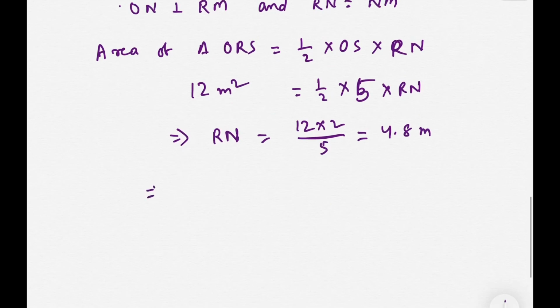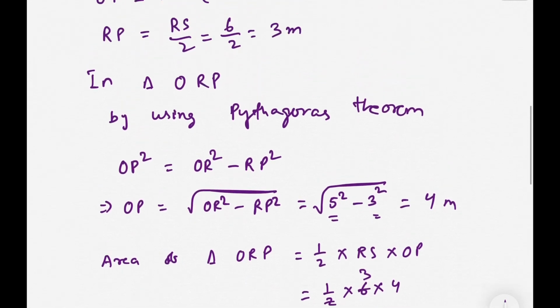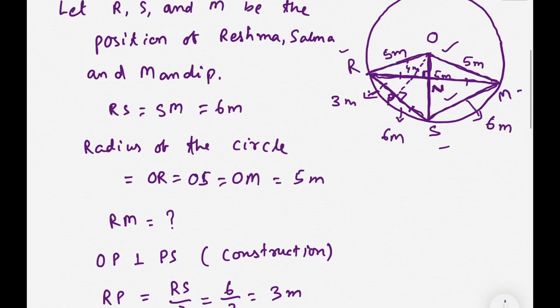That means RM will be equal to 2 into 4.8, that is equal to 9.6 meter. So we have found the value of RM, and that is what we are asked in the question, and this is the distance between Resma and Mandeep.